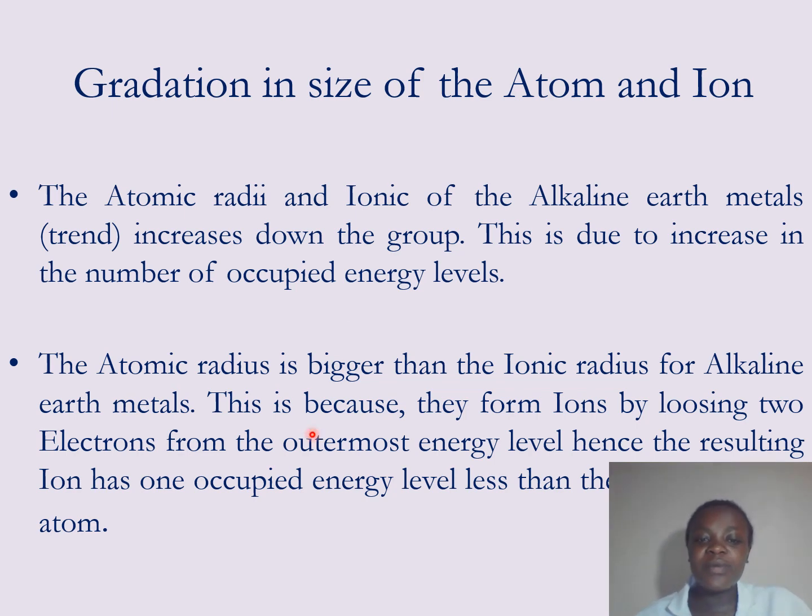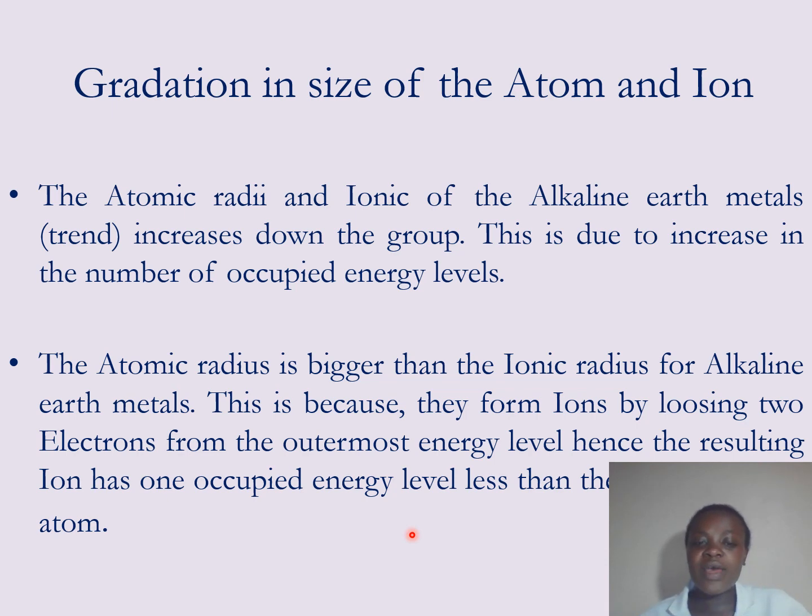Then the atomic radius is bigger than the ionic radius for alkaline earth metals. The reason is that they form ions by losing the 2 electrons from the outermost energy level. Hence, the resulting ion has 1 occupied energy level less than the corresponding atom. So the atomic radius is bigger than the ionic radius.